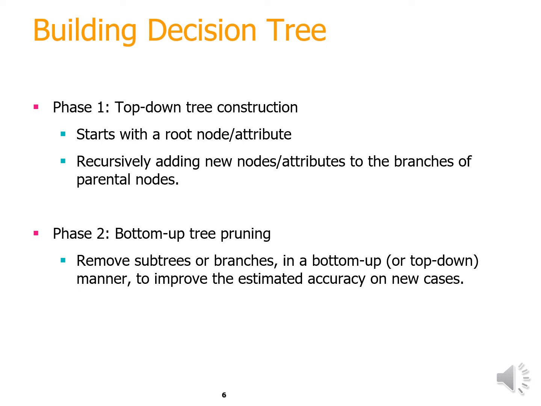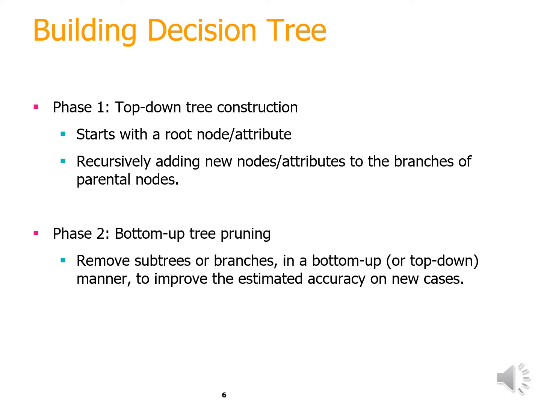You keep doing this all the way to the bottom until there is no other attribute available. So that's phase one. You start with the root attribute and keep adding new attributes to the branch of the node all the way to the end.